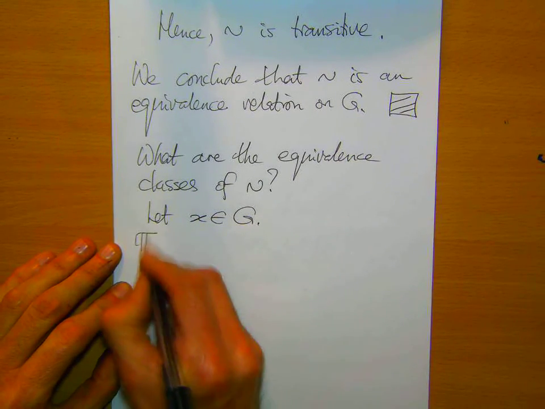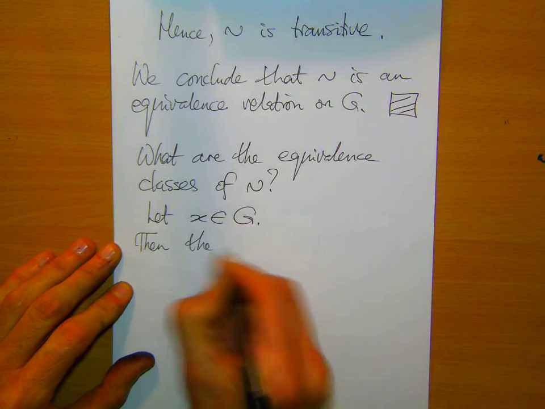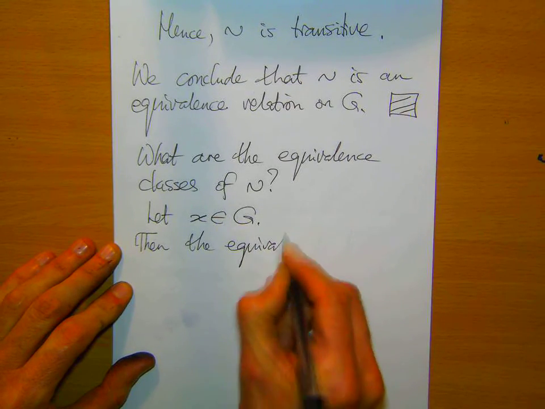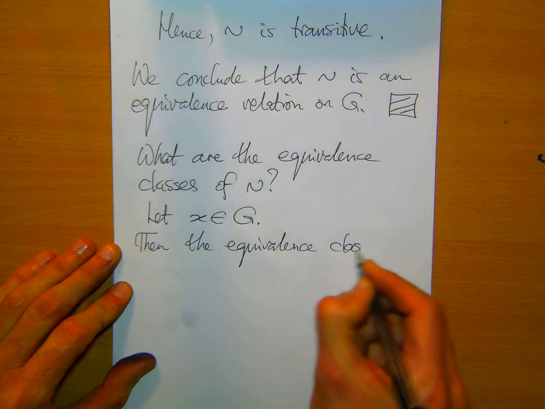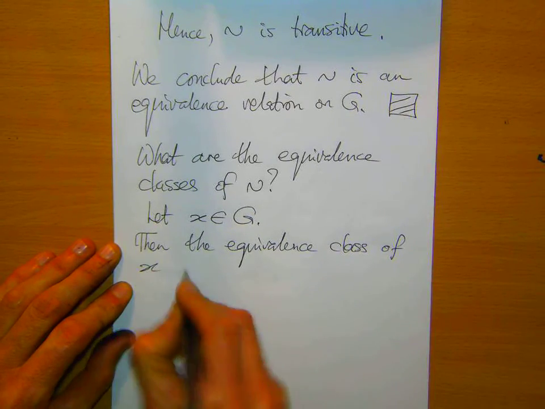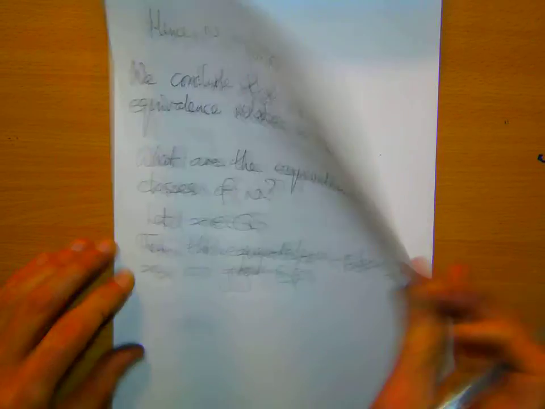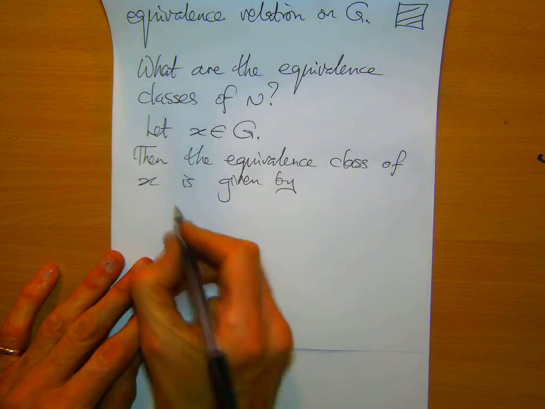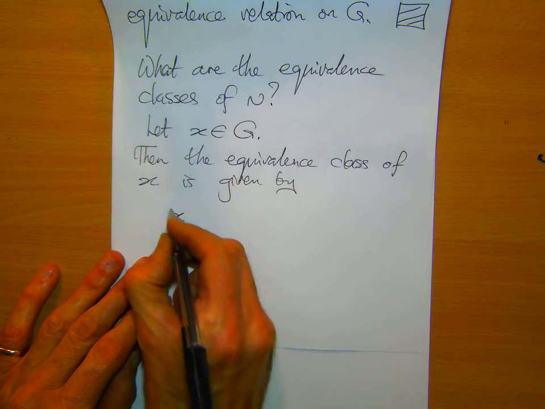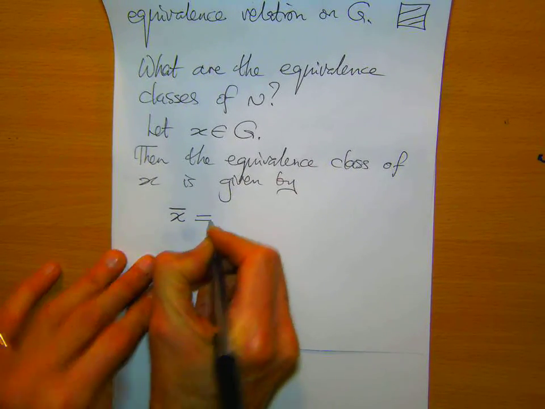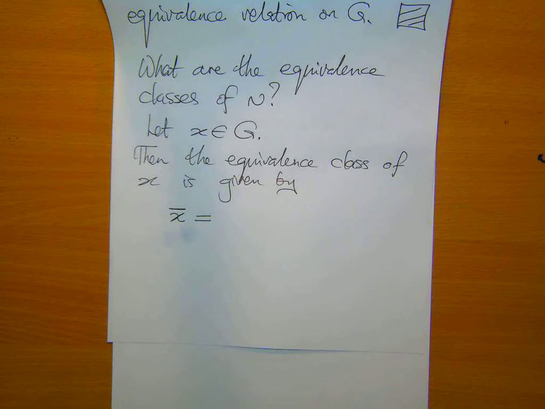So then the equivalence class of X is given by, well, our notation that we've used from time to time for the equivalence class is X bar. So X bar is the bag of all X's relatives.